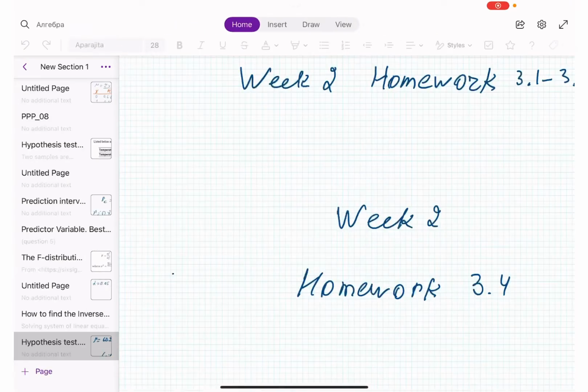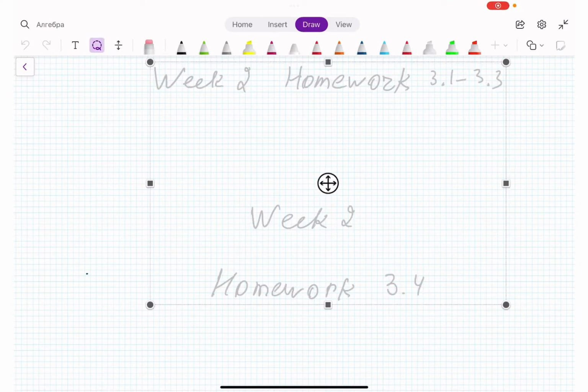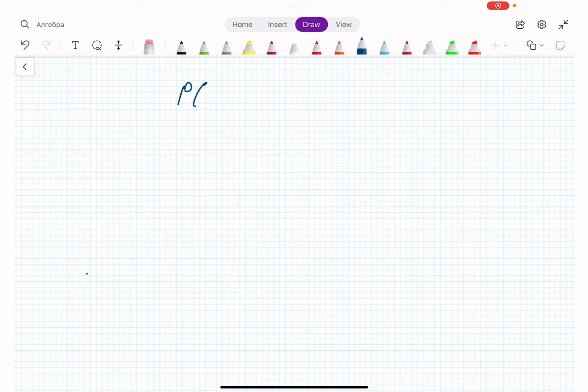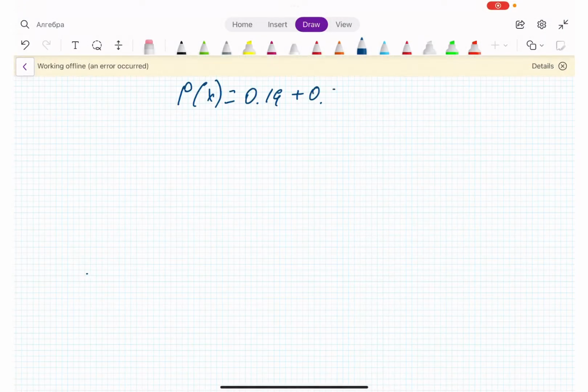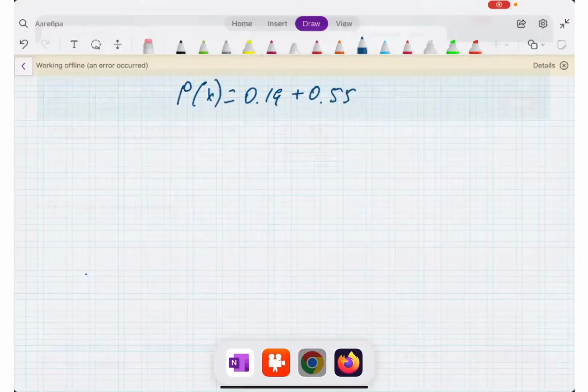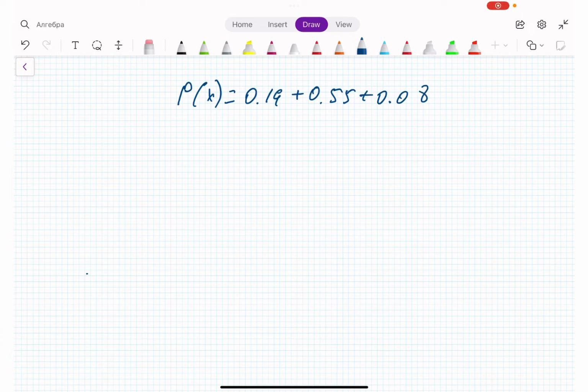So 0.19 plus 0.55 plus 0.08. How much are we going to get here? 0.19 plus 0.55 is 0.74, and 0.74 plus 0.08 is 0.82.